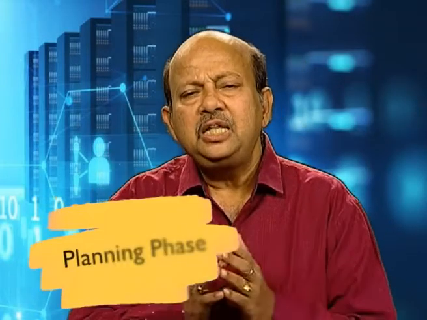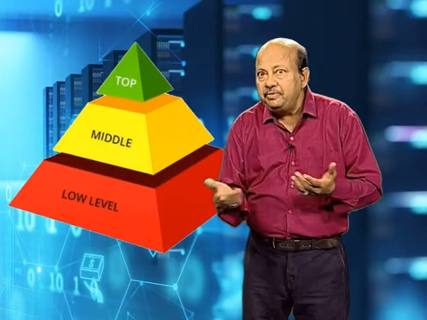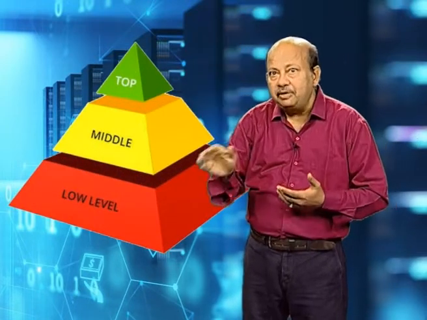So, let us understand the planning phase, why planning is required. In order to design an information system, you must understand where the requirement comes from, who requires the information system. In an organization there are different types of people, the bottom level, the top level, the middle level.